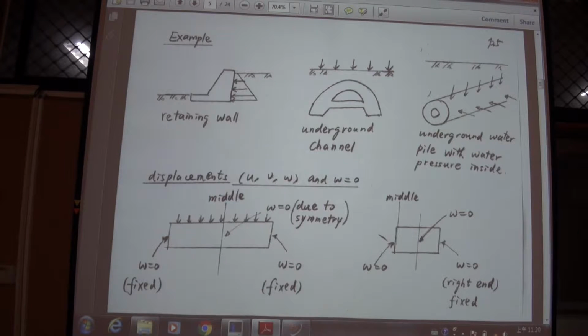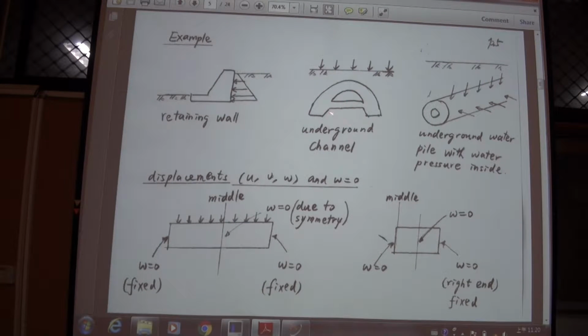Let us look at some practical examples, like the retaining wall. There is some soil at this side, which is retained behind the wall. This is a typical cross section of the retaining wall. This is one practical example.